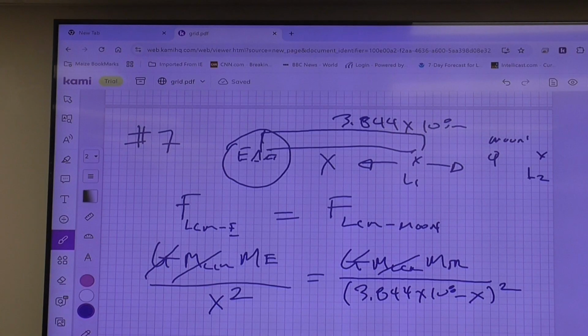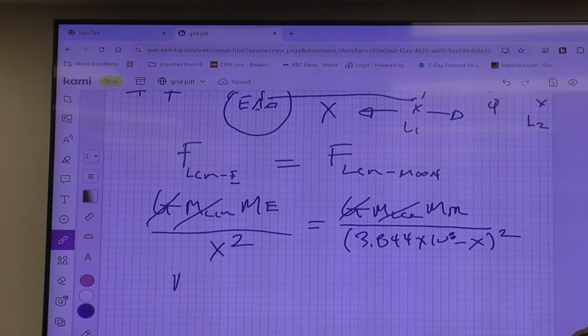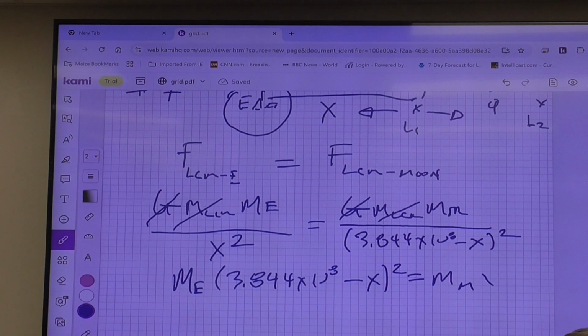Cancels out. Cool. This is why you work these with variables first. Now, you all know my feelings towards fractions, so I'm going to cross multiply. So I'm going to take the mass of the Earth times 3.844 times 10 to the 8th minus x quantity squared is going to equal the mass of the moon times x squared. Cool with that?